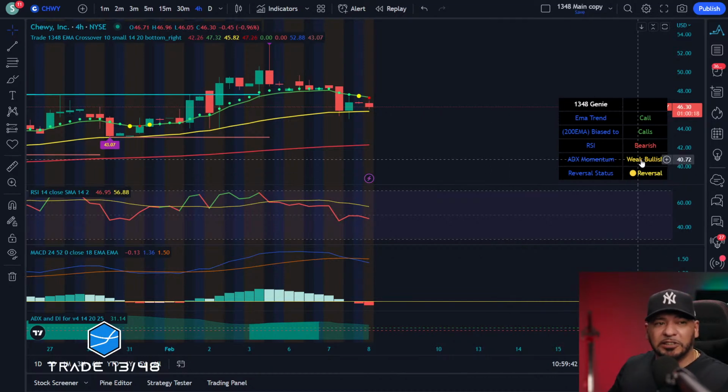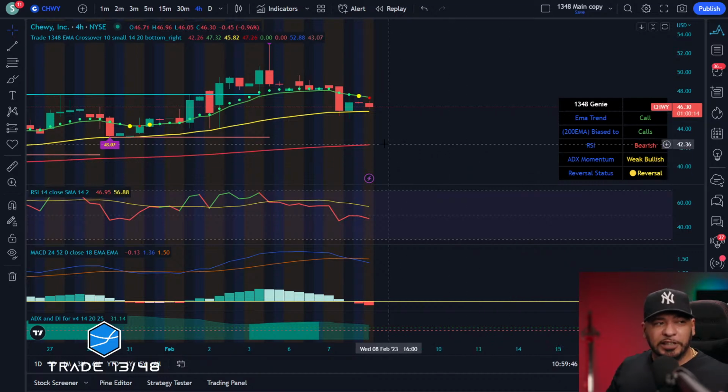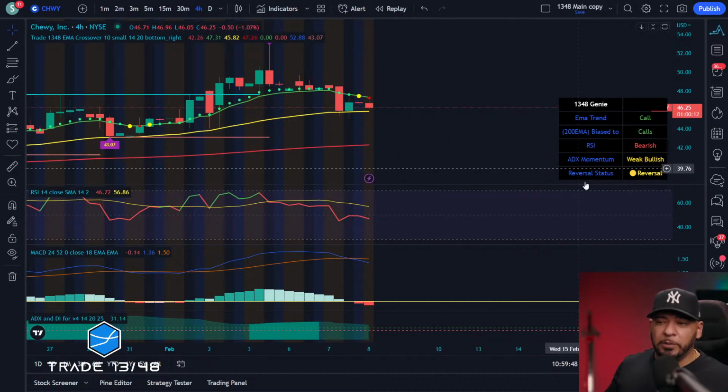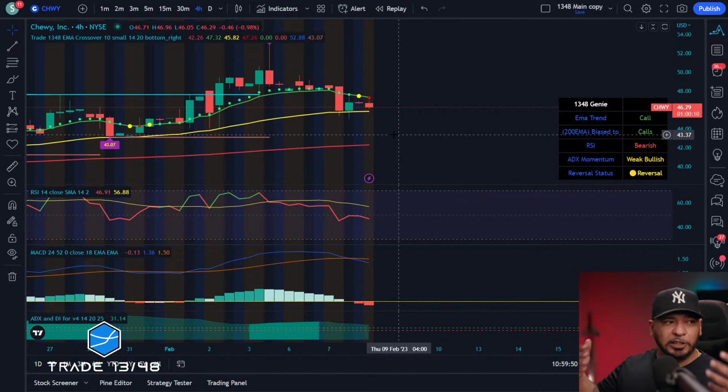The ADX is also telling us that it's weak bullish, so it's lost strength and momentum, right? This is why we have the 1348 Genie, so you could go ahead and make these educated decisions, right? I really hope this is helping you out, okay? That is CHWY. CHWY's looking decent. I would go ahead and give myself time on CHWY, right? Let's see.